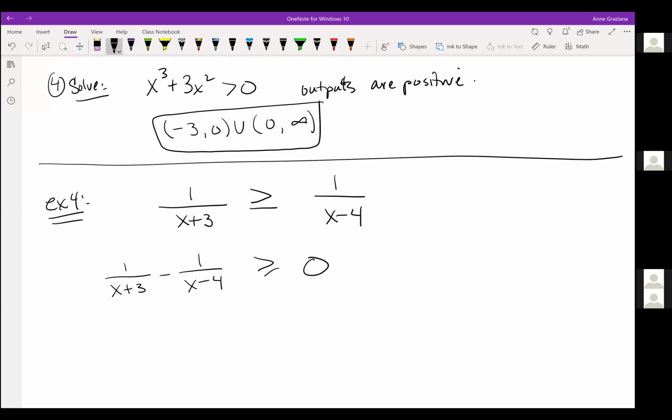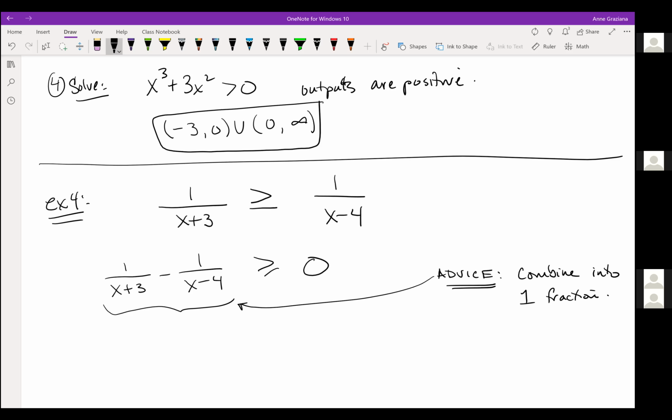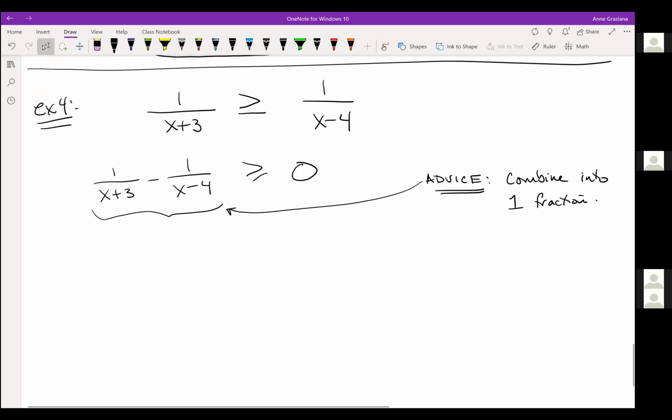Now, this is fine. We've got what we want, but again, my advice is let's go ahead and subtract these fractions. Combine into one fraction. That's going to require a common denominator.